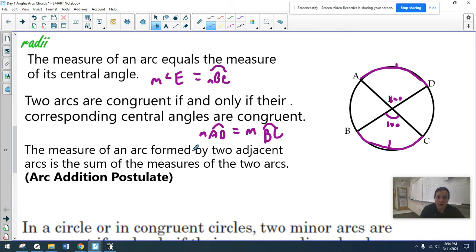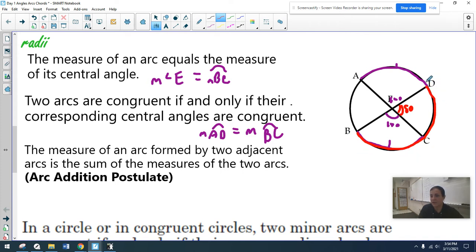Next, the measure of an arc formed by two adjacent arcs is the same as the sum of the measures of the two arcs. Here's what that says, because that sounds confusing. If you add up this one and this one, that's going to give you this arc plus this arc. That's all it's saying.